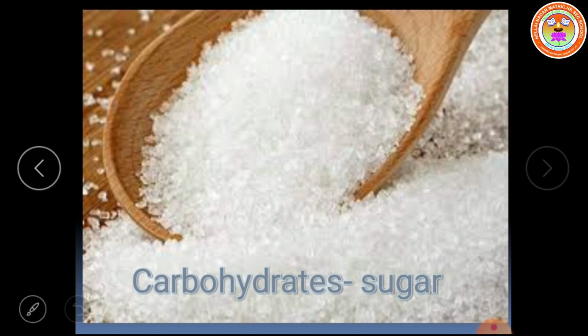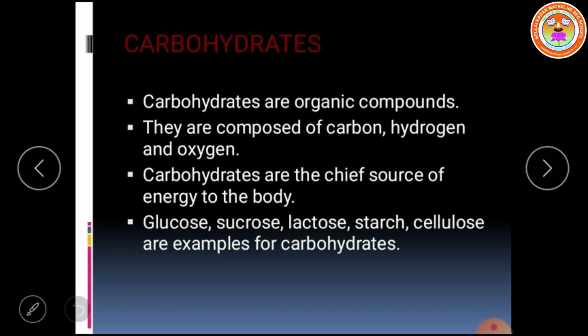Carbohydrates are commonly known as organic substances which contain carbon, hydrogen, and oxygen in the ratio of 1:2:1. Carbohydrates are the chief sources of our energy. The energy which you obtain very quickly comes from the simplest carbohydrate called glucose. So we call carbohydrates the chief source of energy to our body.